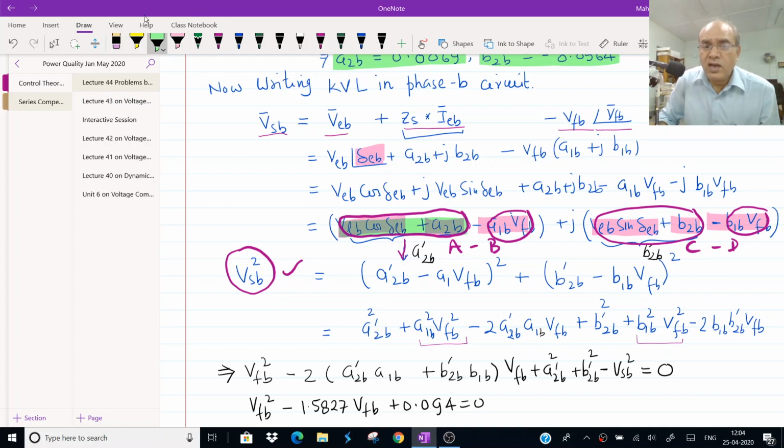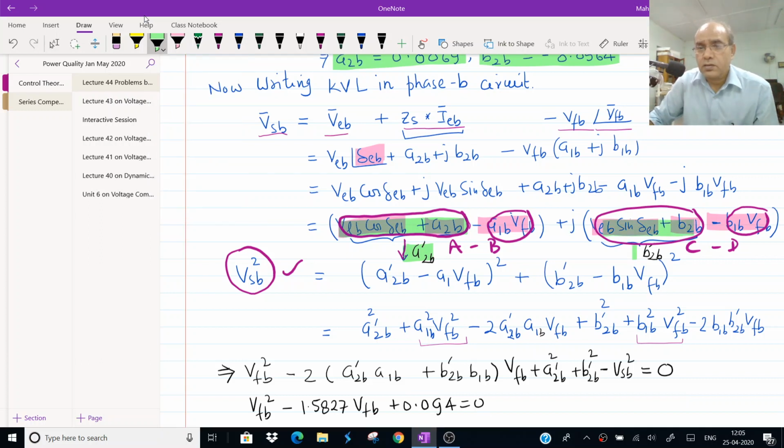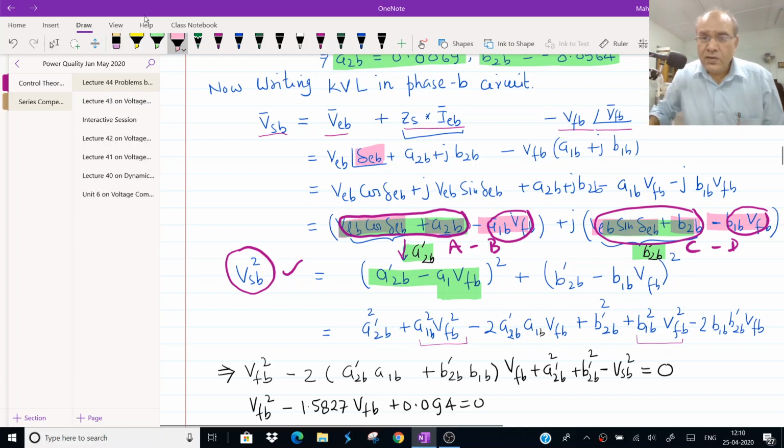The whole term is now called A2B dash, and this term is called B2B dash here. Alright, so we were here and trying to solve this. This VSB square is now A2B dash minus A1B VFB whole square, and the right hand side will become B2B dash minus B1B VFB square.